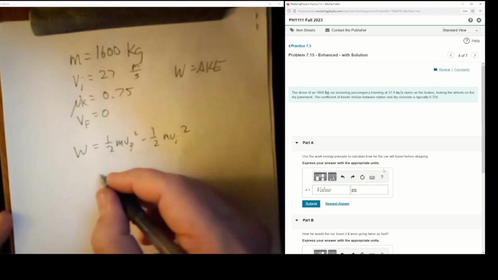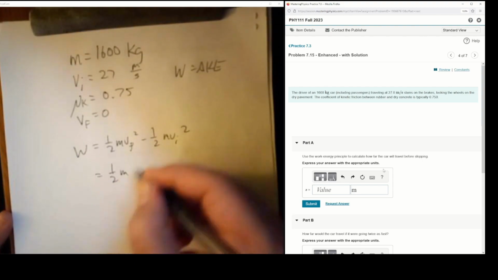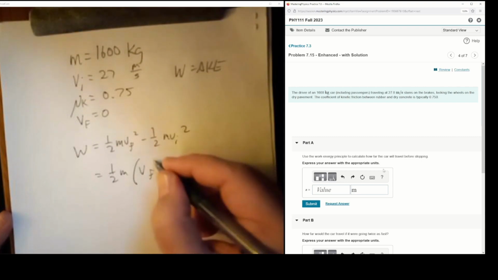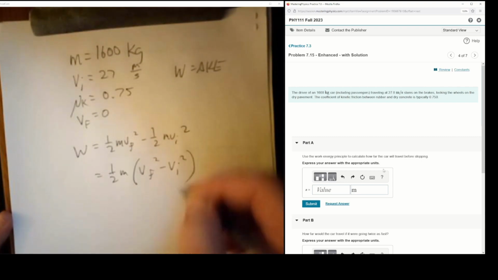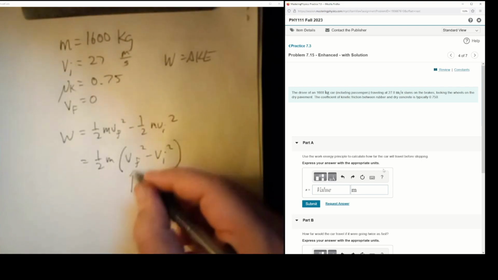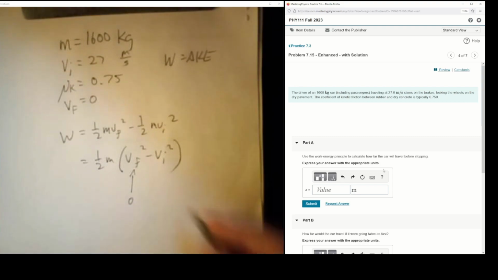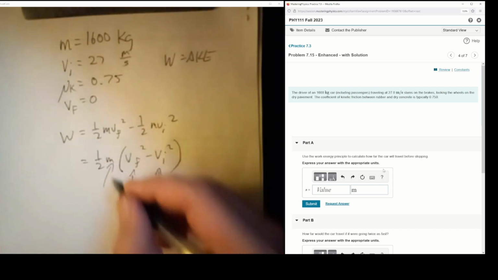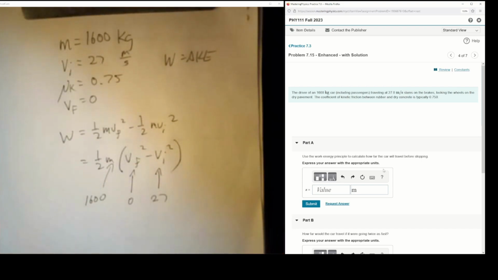And again, the mass isn't changing, so we could factor that out, which makes it look a little nicer. We know the final is 0, and we know the initial is 27. We also know the mass is 1,600, and this is equal to work.